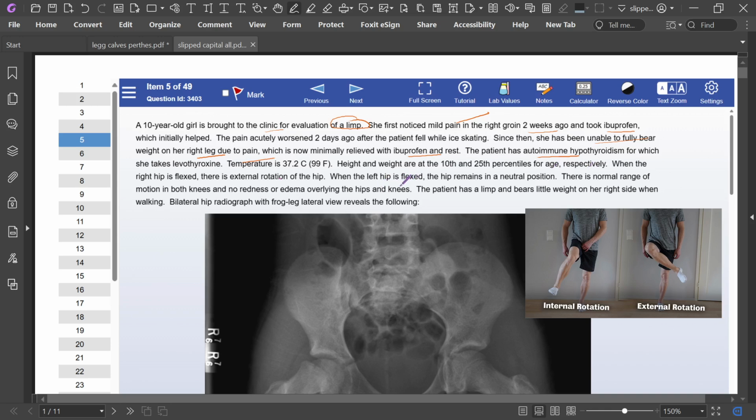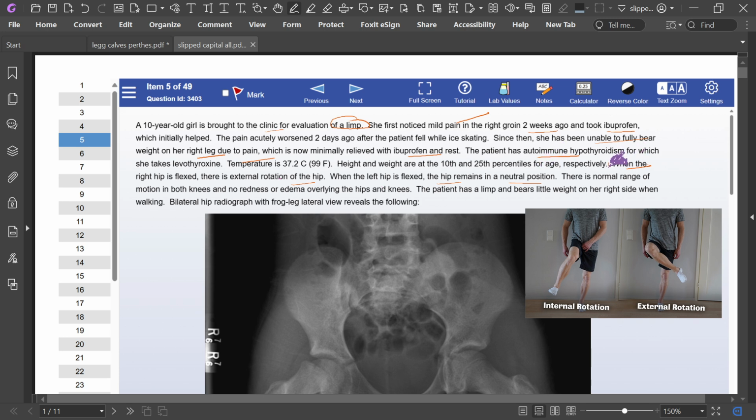When the left hip is flexed, the hip remains in a neutral position. But when the right hip is flexed, there is external rotation of the hip.